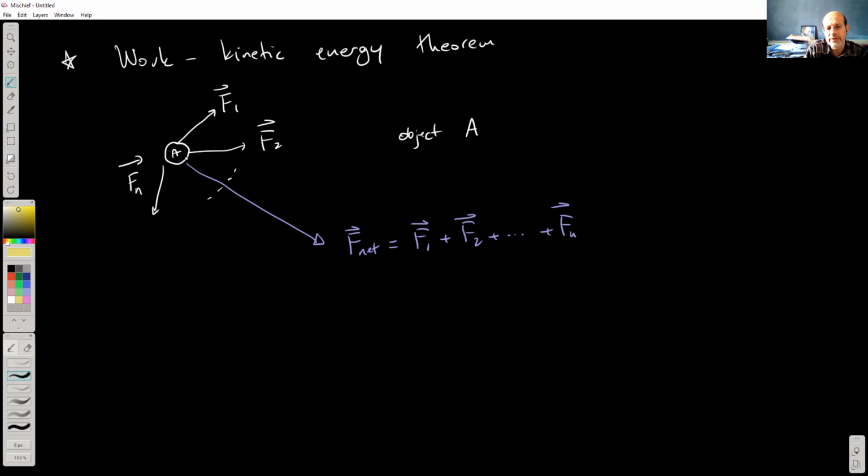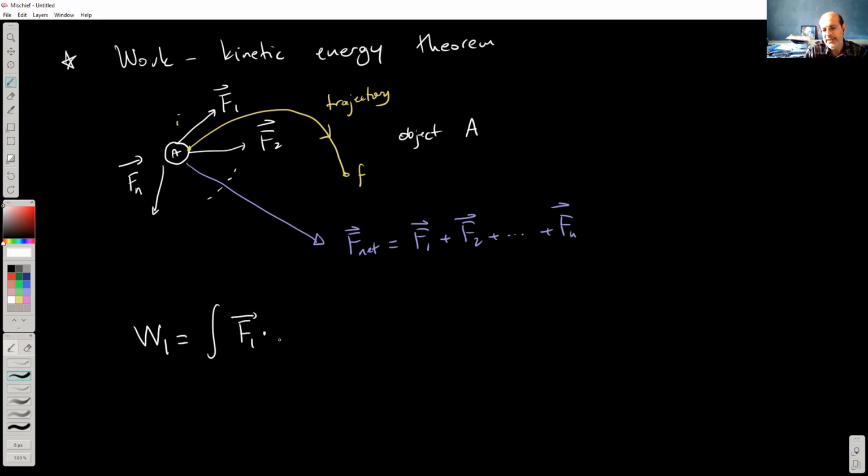Let's say it's just accelerating. So it basically moves along this path, and there's some kind of displacement in here. That's the motion of the object, so let's say that this is the trajectory.